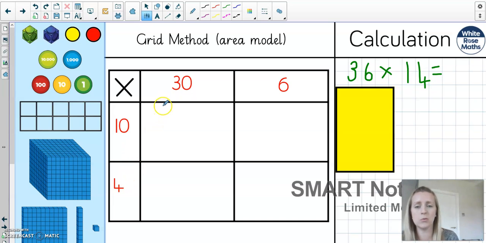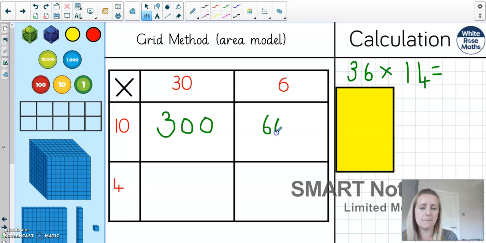Now I can multiply the numbers along the top and the side to get these answers here. So 30 times 10 is 300. Excuse my writing, it's really difficult. 6 multiplied by 10, or 10 multiplied by 6, is 60. 4 times 30, or 30 times 4.